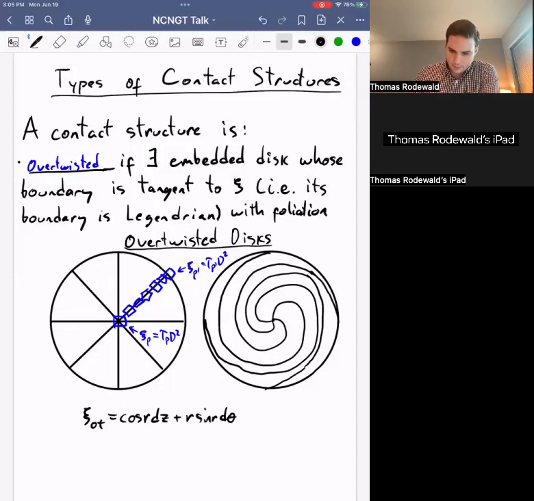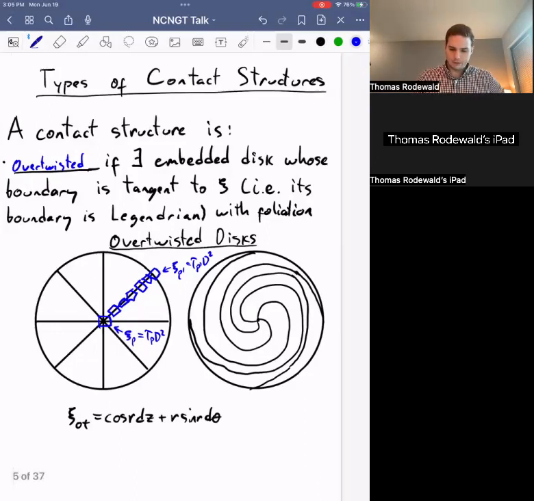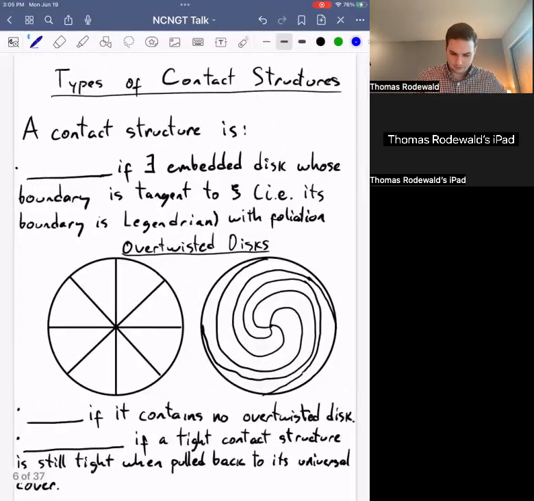And then a tight contact structure is one where there is no such overtwisted disk. And then a contact structure is universally tight if the contact structure is still tight when you pull back to the universal cover.